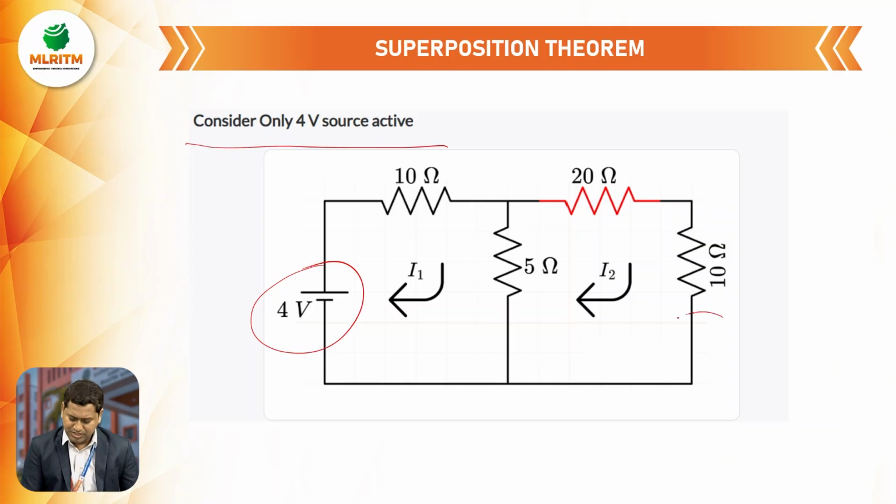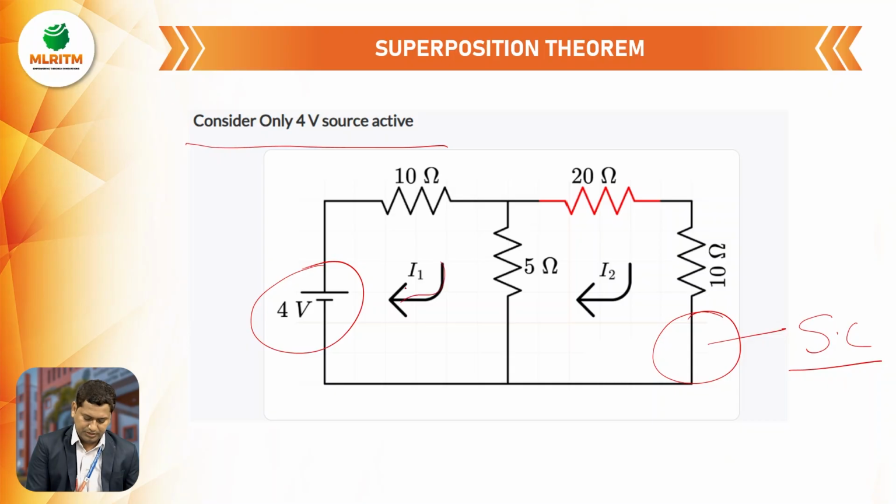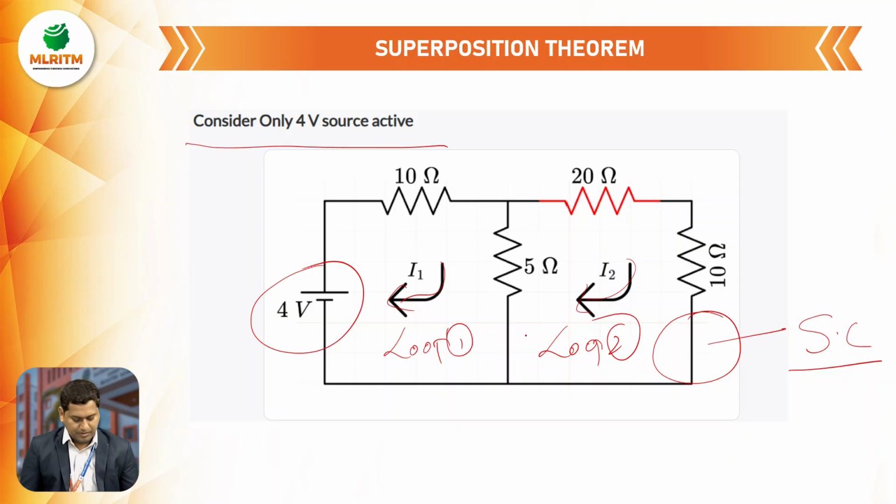So that is why this is short circuited. With 4 volt, we consider the same circuit. This is I1, this is I2, this is loop 1, this is loop 2. Loop 1 current is I1, loop 2 current is I2.